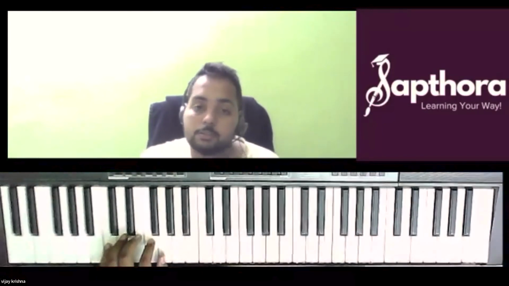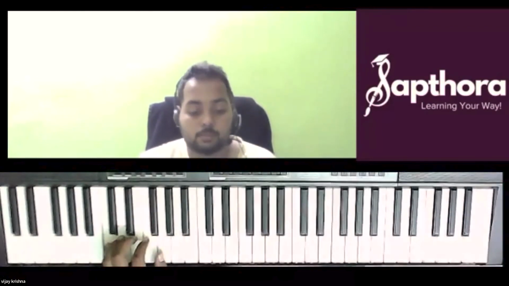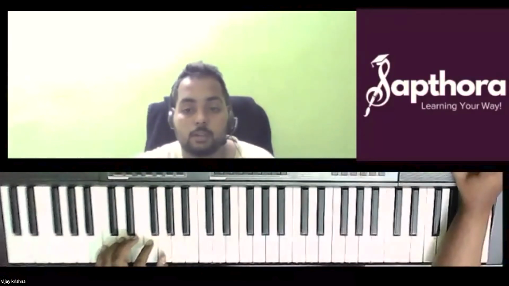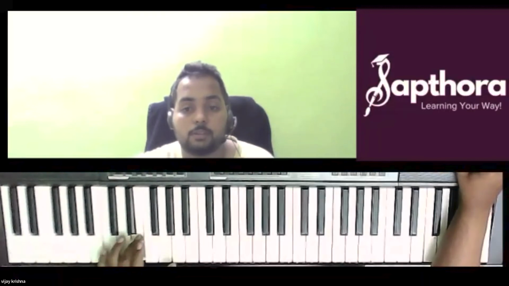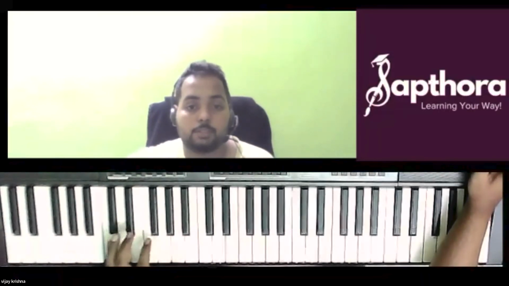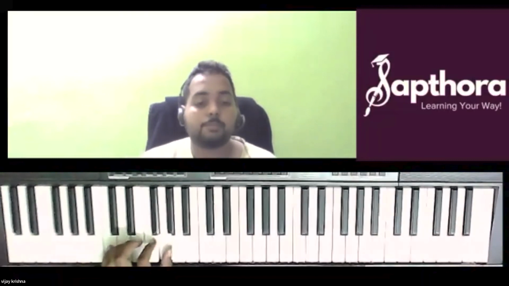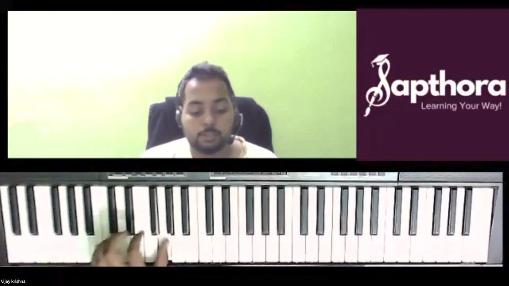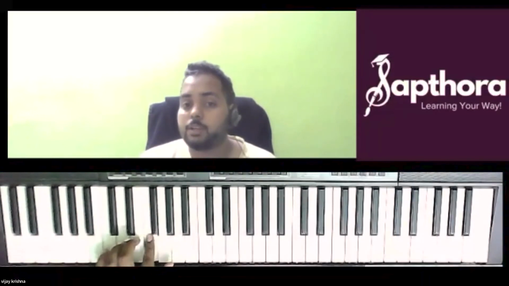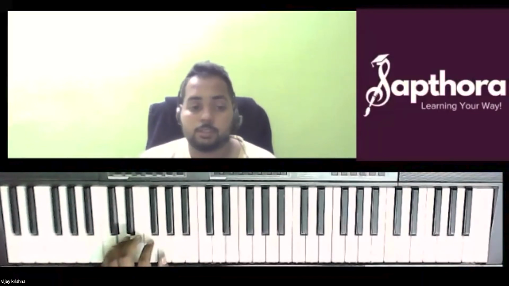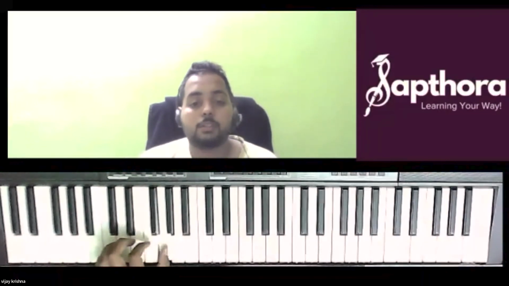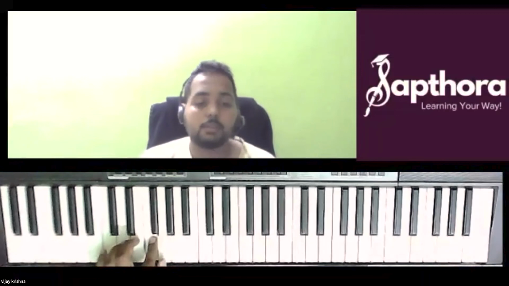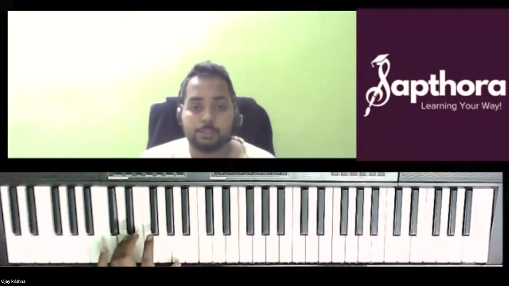So the left hand will start with the little finger C, and then F, E, D, C, and G, G, F, E, D, G, G, F, E, D, and again C, C, G, G, A, G, F, E, D, C.